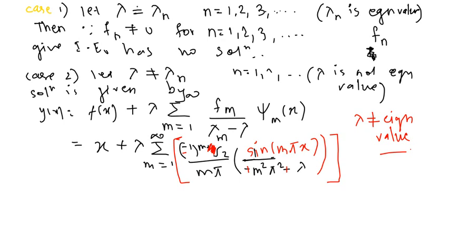Now we have seen two types of problems. If we have a non-homogeneous Fredholm integral equation of the second kind, and the kernel k of x comma t is of the separable type, then we can find the eigenvalue and eigenfunction by using that separable method.